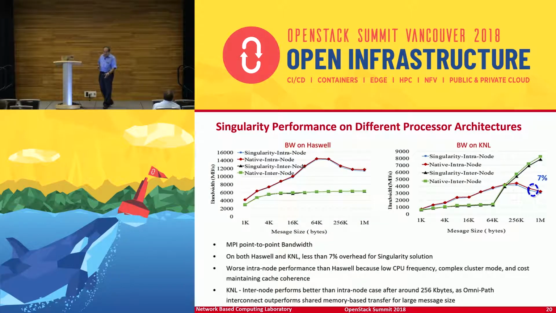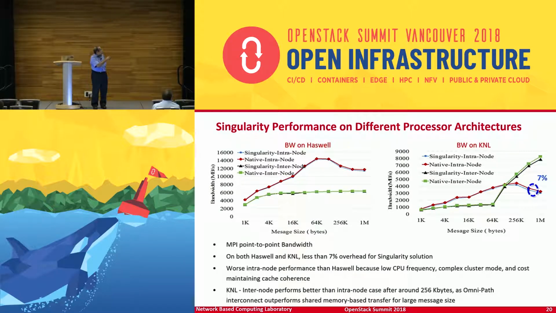These are very latest numbers on the latest platforms. We have done studies not only on Haswell but also on KNL, Intel's Knights Landing architecture, and we have enabled this support through Singularity. Again there are different trade-offs here.